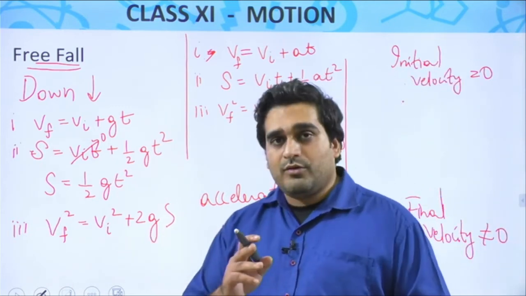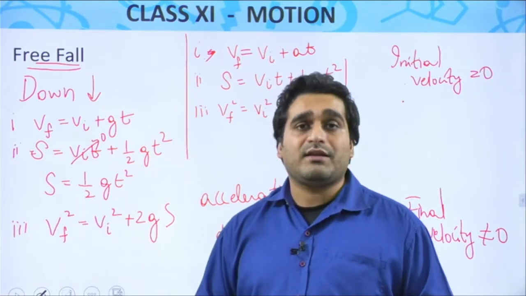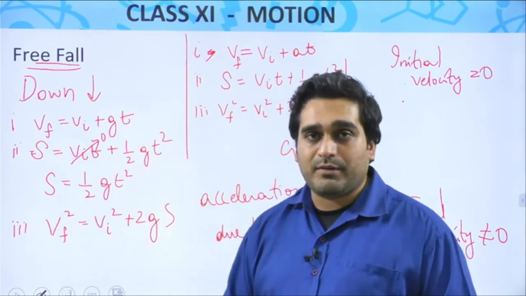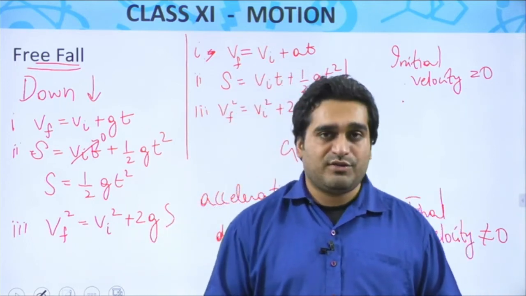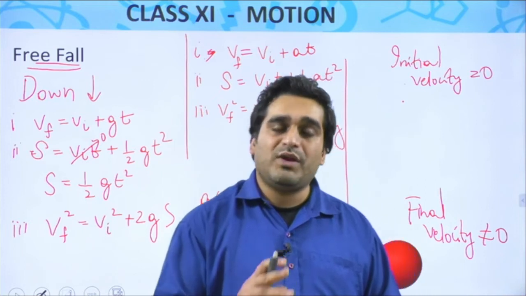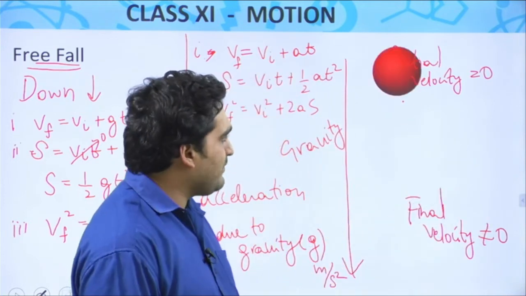Now this is particularly for objects that are falling down. Now we'll look at objects that are moving up. How do I have to substitute my acceleration due to gravity? For that, we have to analyze this animation once again.